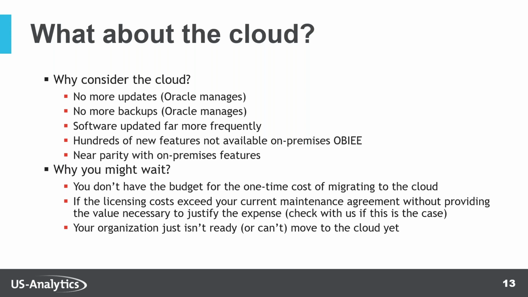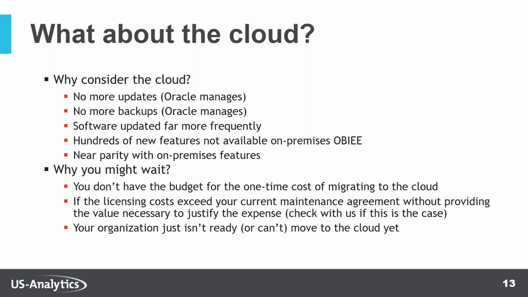And a lot of times when we think of update, we think of course, there's some feature or bug that actually ends up breaking something that is existing. But I have not seen that be the case in our existing clients who've been on OAC for quite a while. On top of that, there are hundreds of new features that Oracle has been spending a lot of time and energy on that's just not available on premises OBIEE.